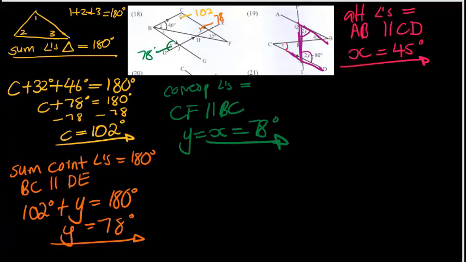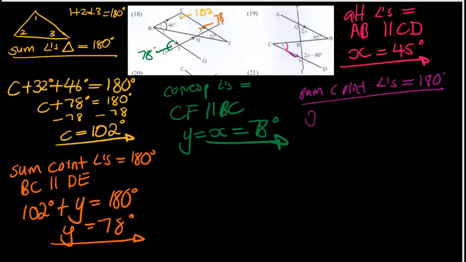So I am going to say the sum of co-interior angles are equal to 180 degrees, or supplementary. That's my reason for this one. Now I'm going to make the statement where I'm going to say 2y, which is this one, plus 2y minus 80 degrees, which is this one, is equal to 180 degrees.